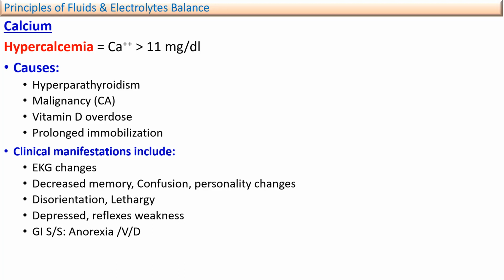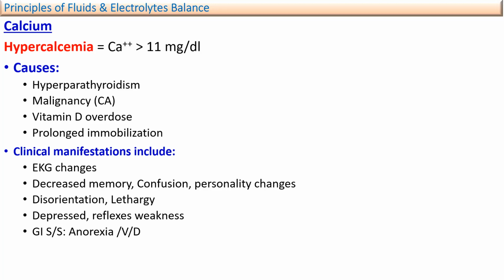The manifestations of hypercalcemia include EKG changes and neurological changes like decreased memory, confusion, personality changes, lethargy, muscle weakness, depression, or decreased reflexes.